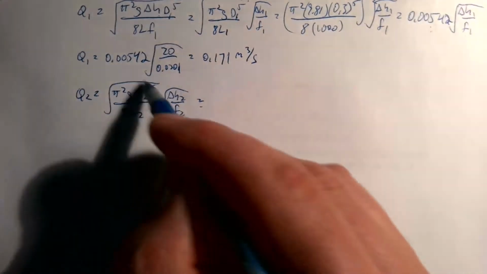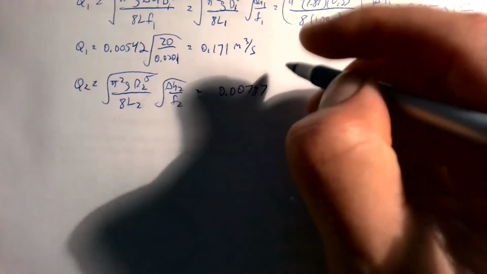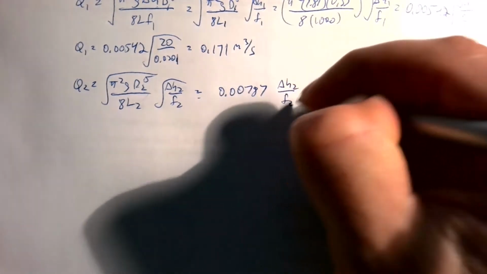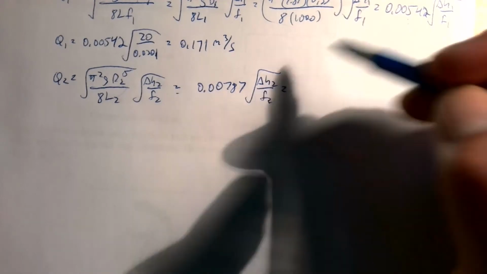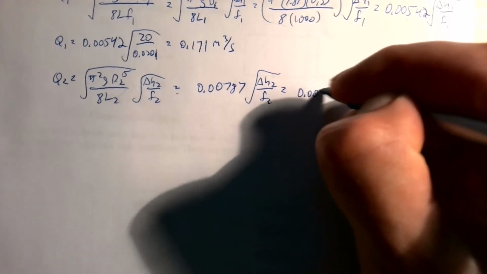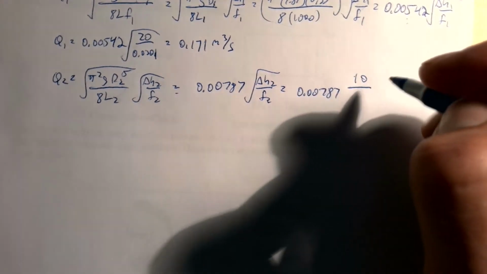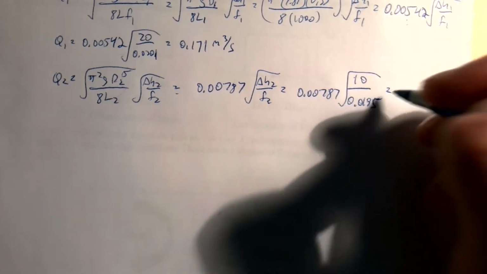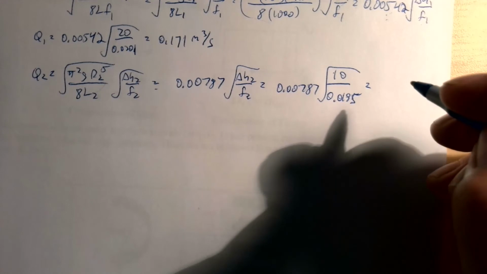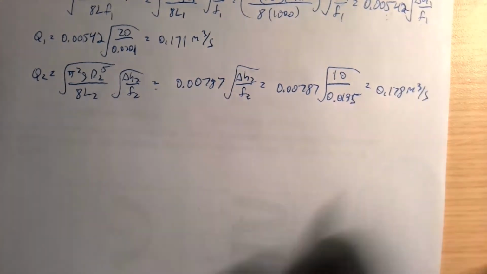Plugging in all those numbers for Q2, I get 0.00787 times delta H2 over F2, where delta H is 10 and F2 is 0.0195, square rooted, and that gives me 0.178 meters cubed per second.